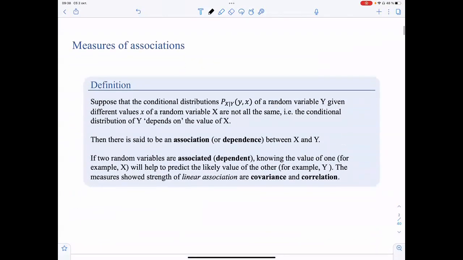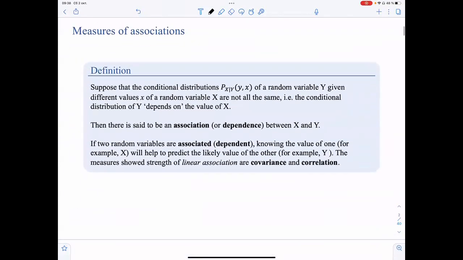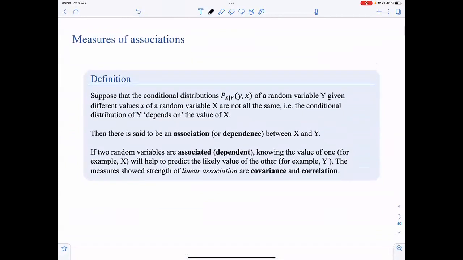A week ago, we said that 2 random variables may be distributed such that they have some dependence, or simply saying they have some association with each other. So basically, it means that the path of one of the random variables has some impact on another random variable.